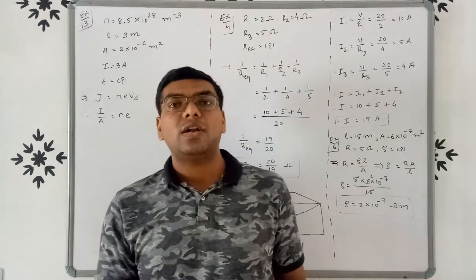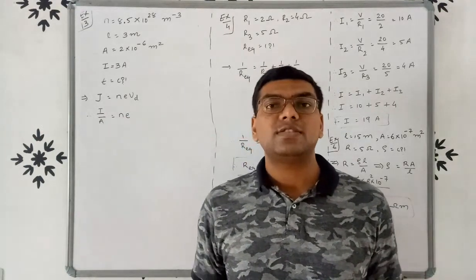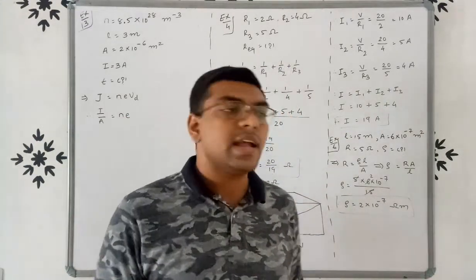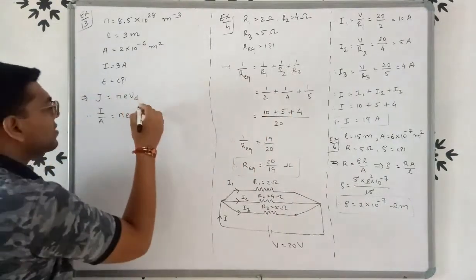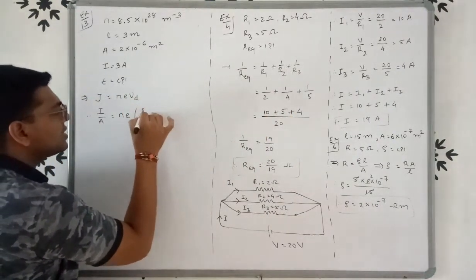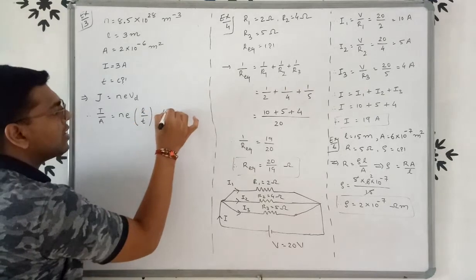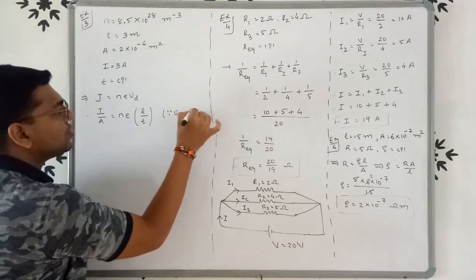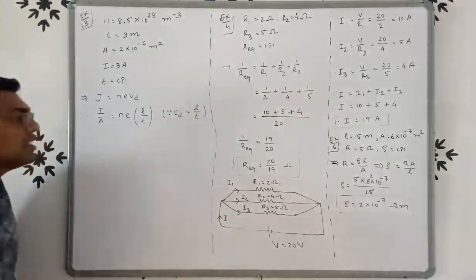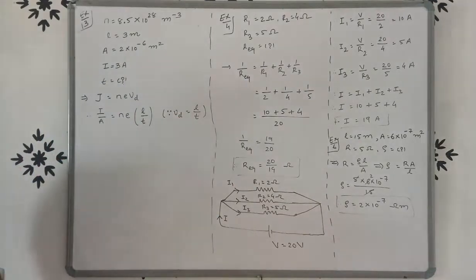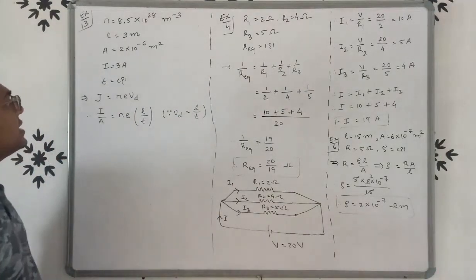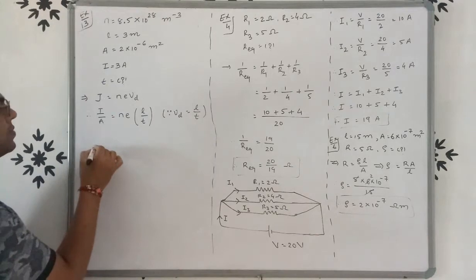So we already know the formula of velocity. Velocity is equal to distance by time. So here drift velocity is equal to distance, which is L by time t. Here Vd is equal to L by t. So here in this example we have to find out time.